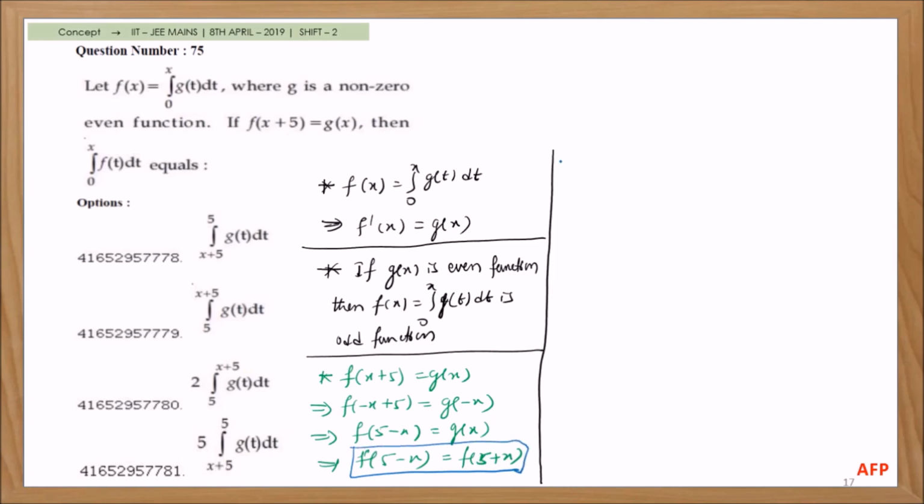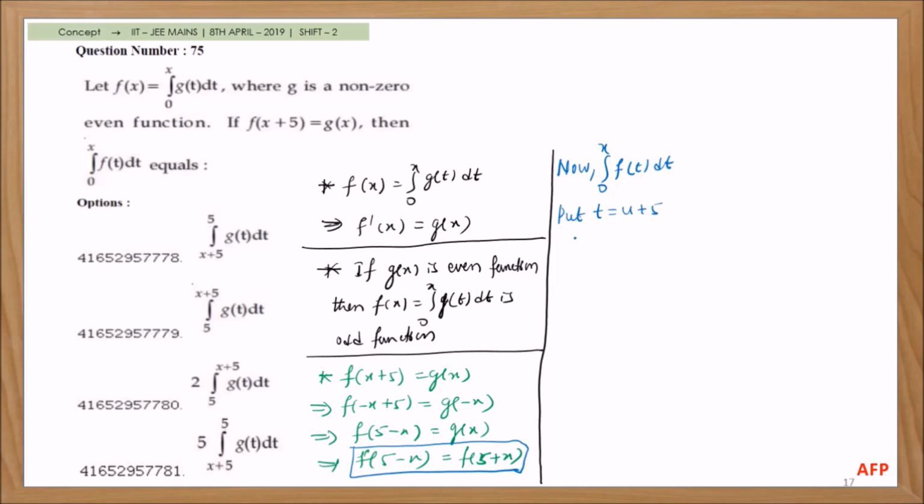So now we will take this. Now the integral from 0 to x of f of t dt. Put t equals u plus 5, so everything is in terms of x plus 5.